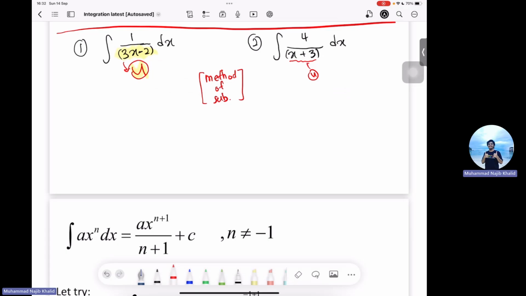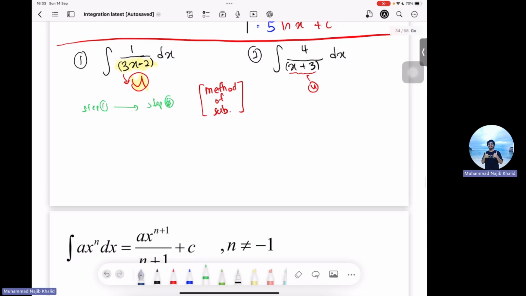The steps are similar to the last video, step 1 until step 3, the same steps. I want you to do these two examples on your own.